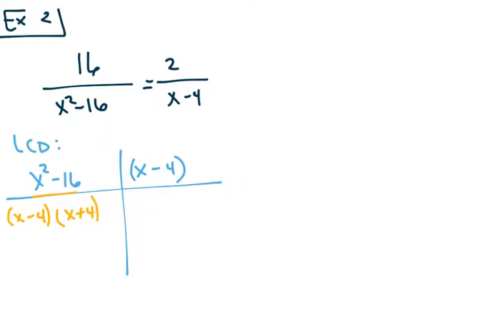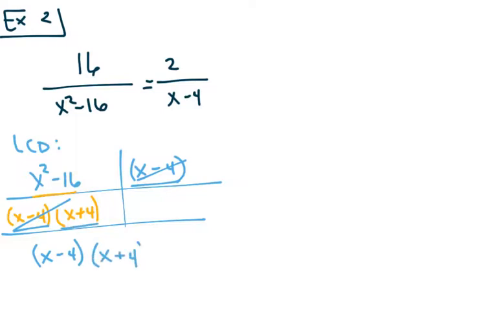If you're struggling with factoring, come see me. And then to get your LCD, you would take one of each. So x minus 4 is in common, so you take one of those. And then you have an x plus 4, so you take one of those. Okay? So what we're going to do is now we multiply both sides by that.